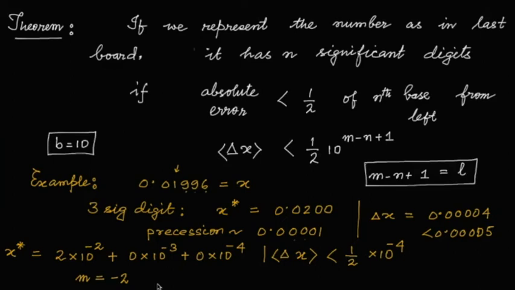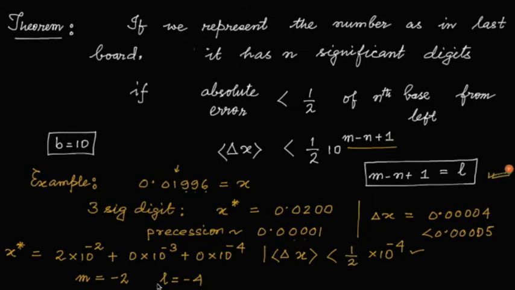So what is your value of L? L is this quantity, which is m minus n plus 1, which is sitting over here, and should be matching with minus 4. So L is minus 4. So where should I put these two? I can use this expression now.